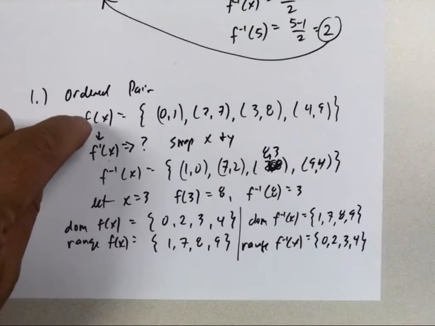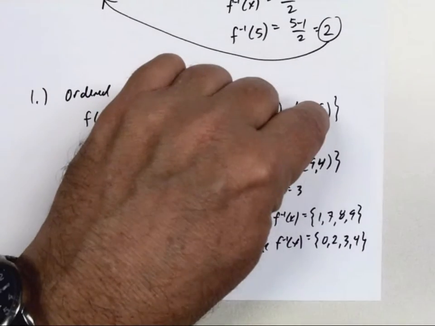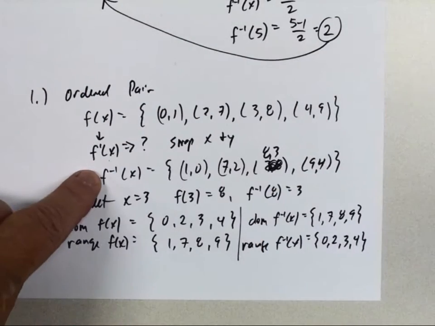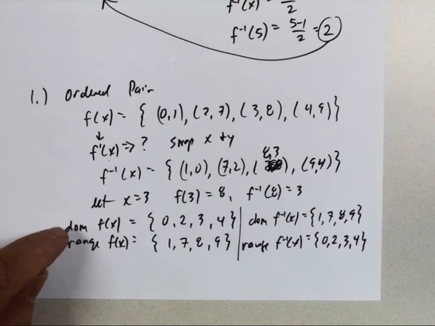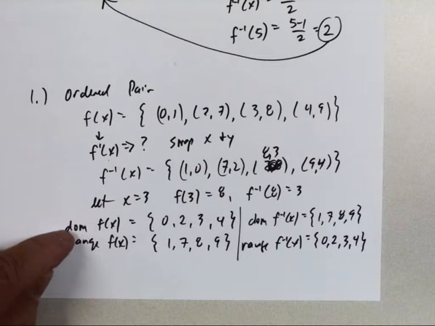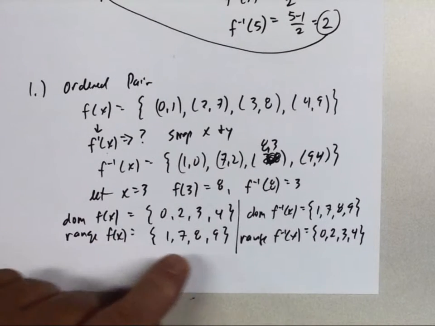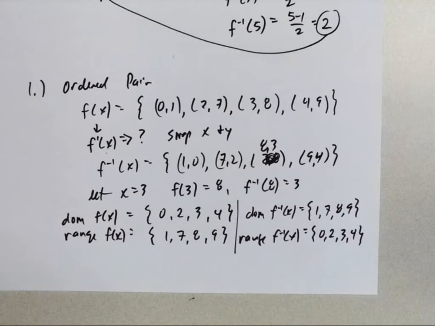So review quickly. Here's my function. I figured out the inverse function by swapping the x's and y's. Then I listed the domain and range of the function, and then the domain and range of the inverse function.